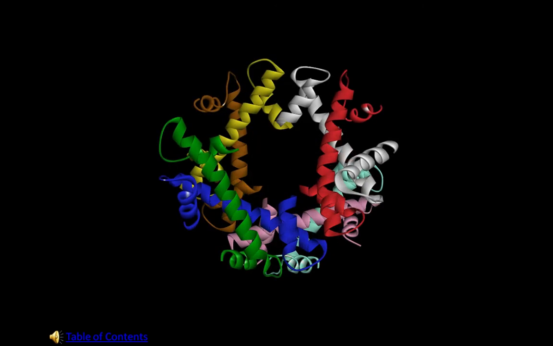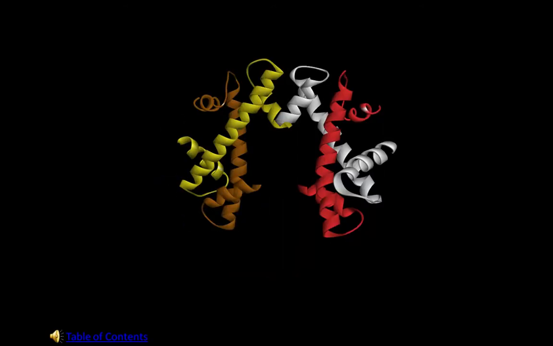And let's remove everything except the uppermost 4 monomer subunits. This leaves us with a tetramer, one believed to be of critical importance in maintaining the stability of the histone octamer. Let's center it and take a closer look.